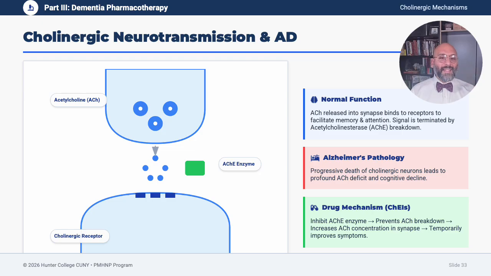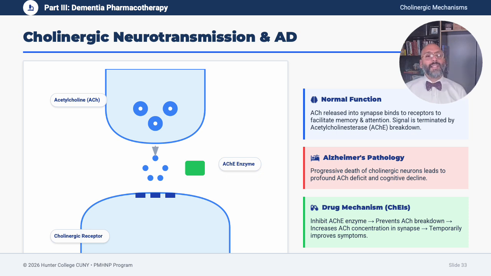Those neurons die, synaptic ACH levels fall, and cognitive efficiency declines. Cholinesterase inhibitors do not stop that neurodegeneration process. They do something far more modest. All they do is inhibit the acetylcholinesterase enzyme, slowing the breakdown of the limited ACH that's left and being released.